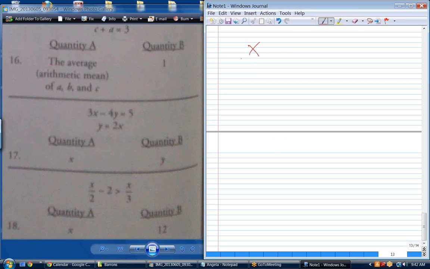Got x over 2 minus 2 is greater than x over 3. Well, one of the things I could do is just plug quantity B in for x, 12.